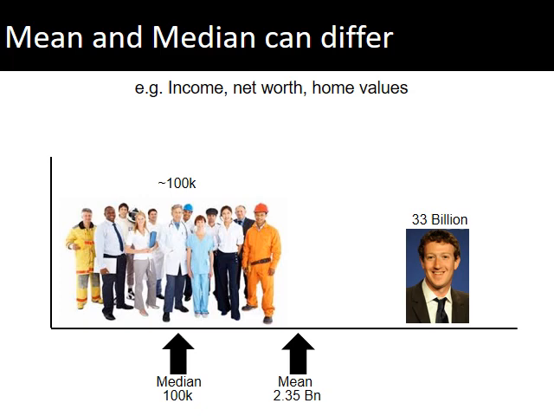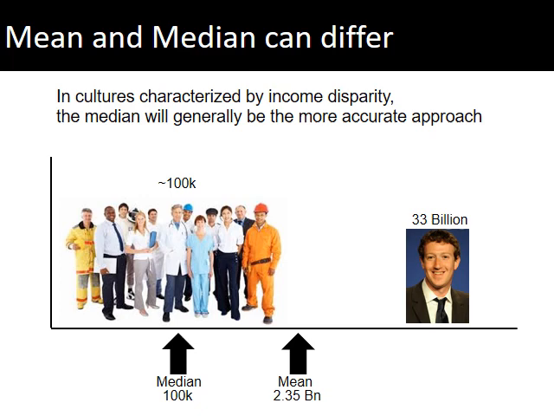It turns out that the median is often a better choice when we're talking about things like income or net worth or home values, particularly when there's the possibility of an outlying value or 2 or 3 or 4 in a sample. This is particularly true in cultures characterized by income disparity, where the median will generally be a more accurate approach to discussing income.